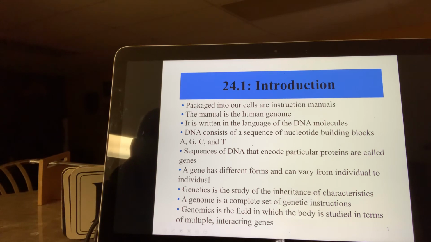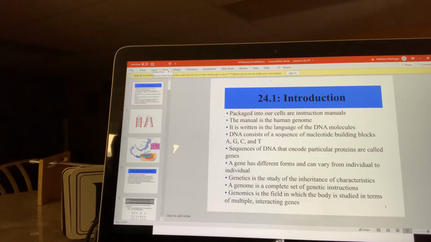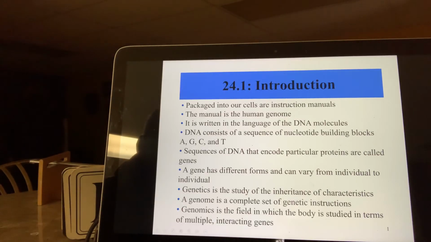DNA itself is a molecule made up of individual nucleotides, the basic structures that combine together to form DNA, much like monosaccharides combine to form polysaccharides, much like amino acids combine to form proteins.